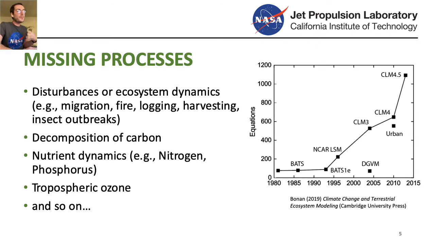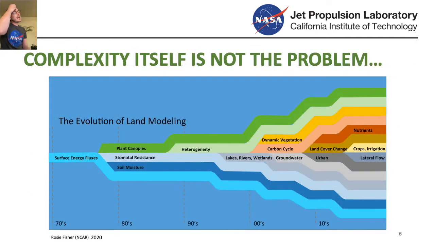So new processes are being represented in this model. And this is only one land surface model. If we think that the number of equations in all these land surface models has been increasing with time, we are probably doing a relatively good job in representing different processes. So it kind of looks like complexity itself is not the problem.